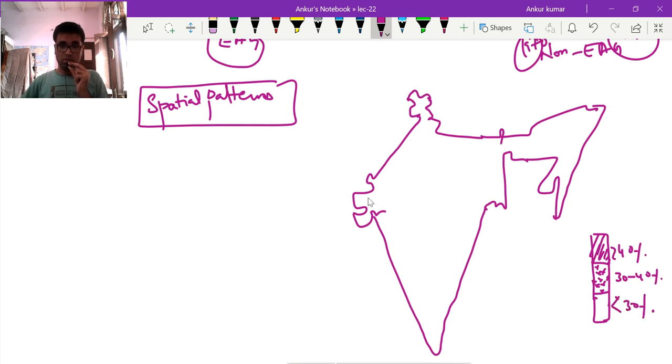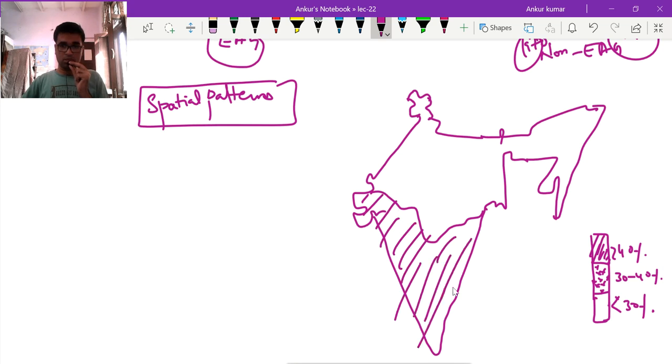So most of South India, including Gujarat and Maharashtra, these areas have witnessed more than 40% urbanization, this part of India. And similarly, the Punjab and Haryana region, this region as well, has more than 40% urbanization.